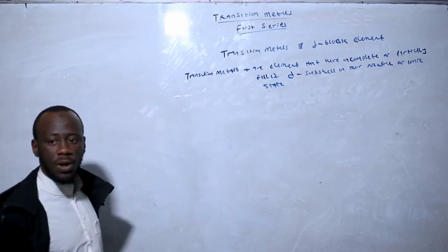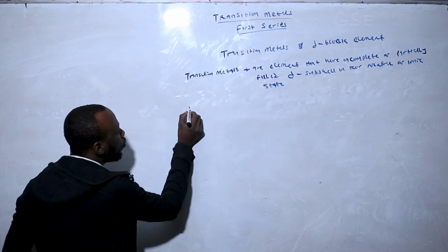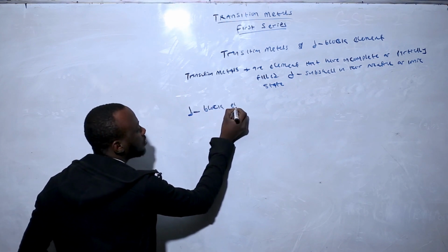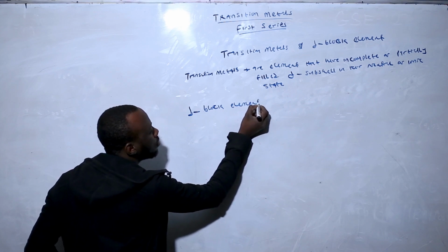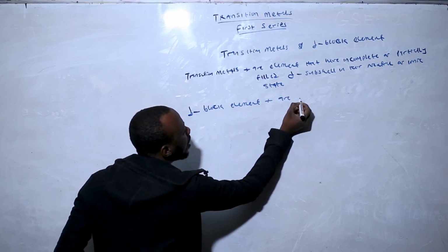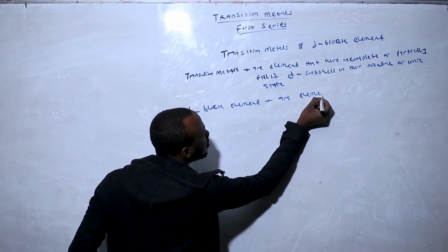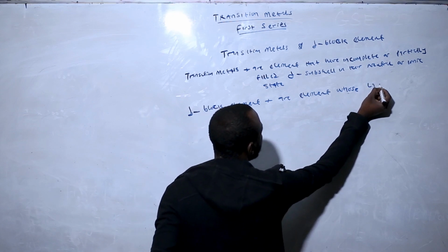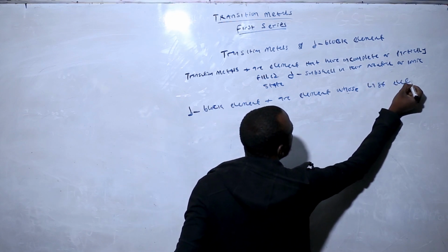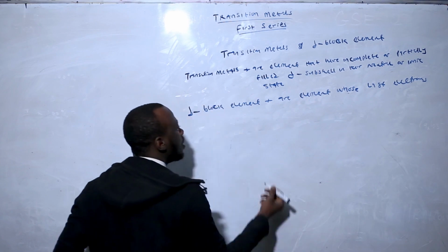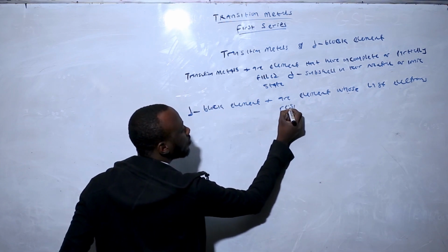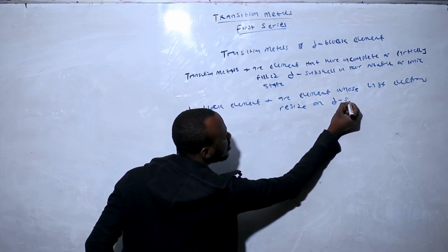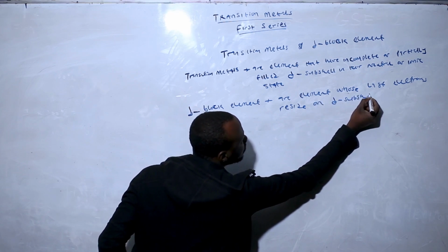While we can say that d block elements are elements whose last electrons reside on d subshell.